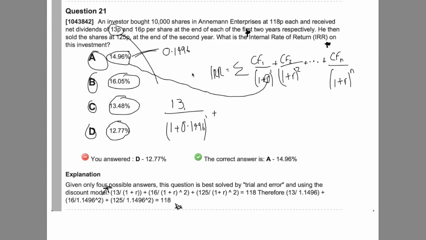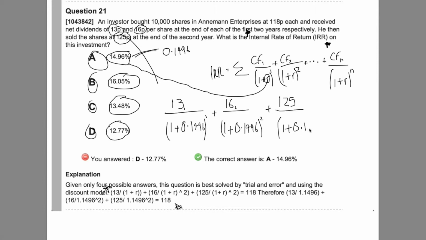The next cash flow is 16, so what we do here is 16 over 1 plus 0.1496. It's the second year, so we need to square that. Also, at the end of the second year, he sells the shares for 125p. So we can do it exactly as the formula suggests.